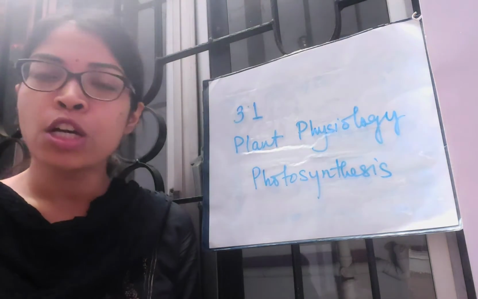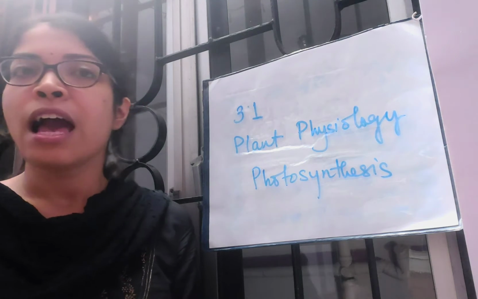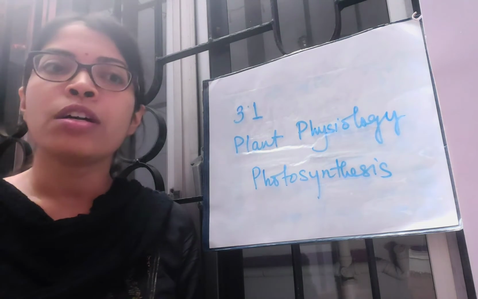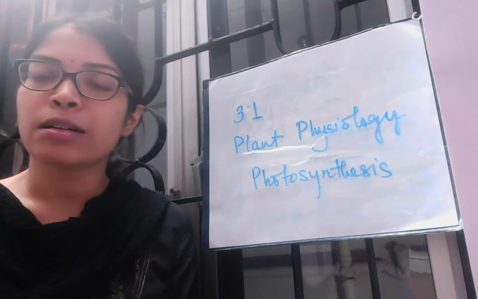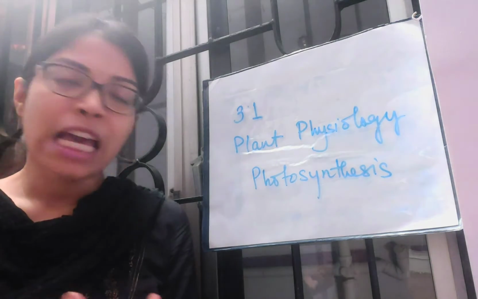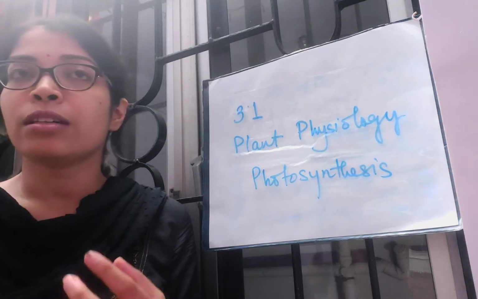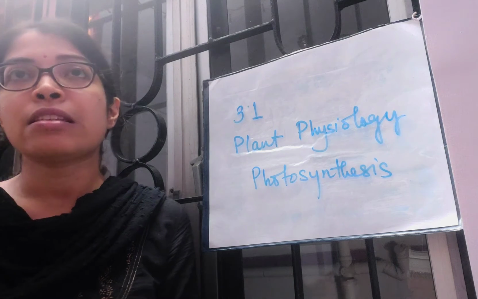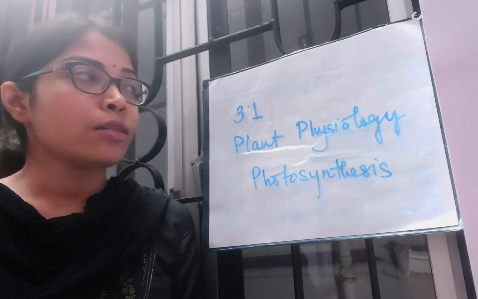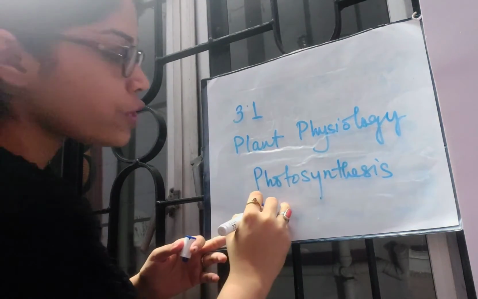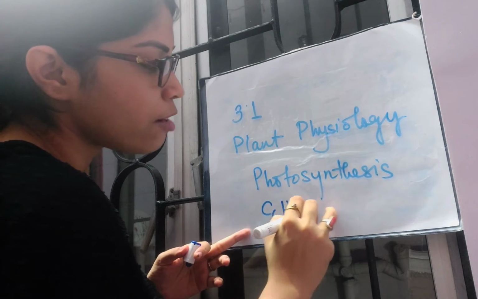These green plants have a green colored pigment known as chlorophyll in their leaves, and by taking water from the soil, carbon dioxide from the atmosphere, and with the help of the sunlight, and obviously chlorophyll is there in the green leaves only, plants prepare their food, and the food for plants is glucose, the formula of which is C6H12O6.